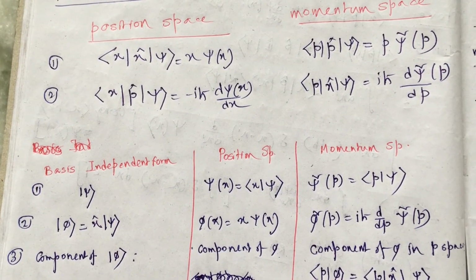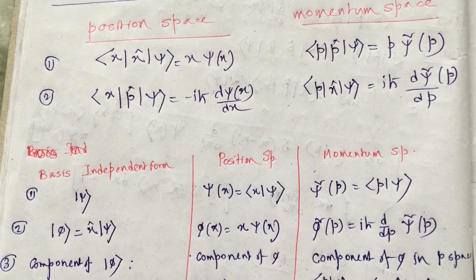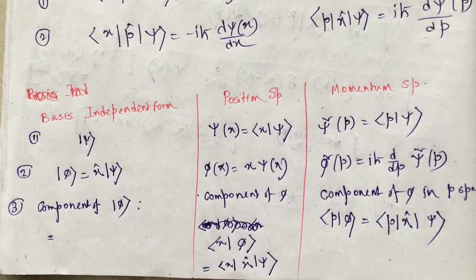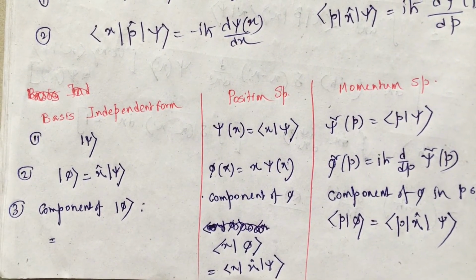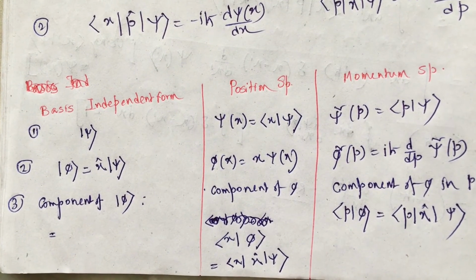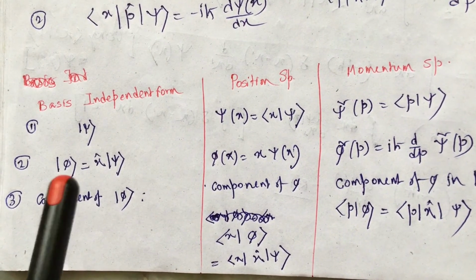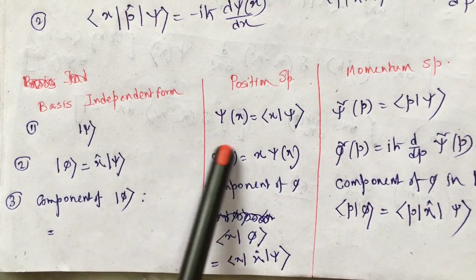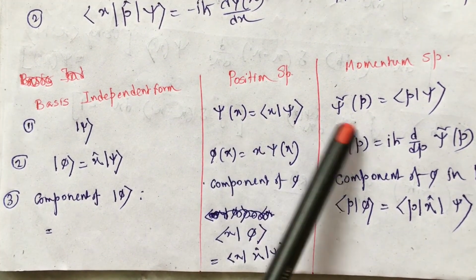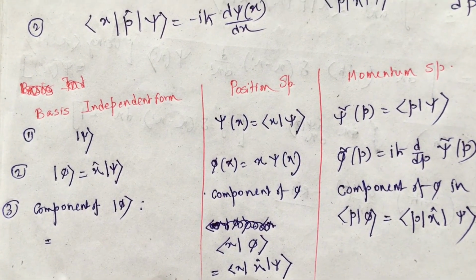I have written the relations in a comparison form so that we can easily understand and memorize this. This is a comparison of how we write the wave functions in basis independent form. In basis independent form, we write it as psi, and in position or momentum space, we write it like this. These are functions because in these two spaces, we are in continuous space.